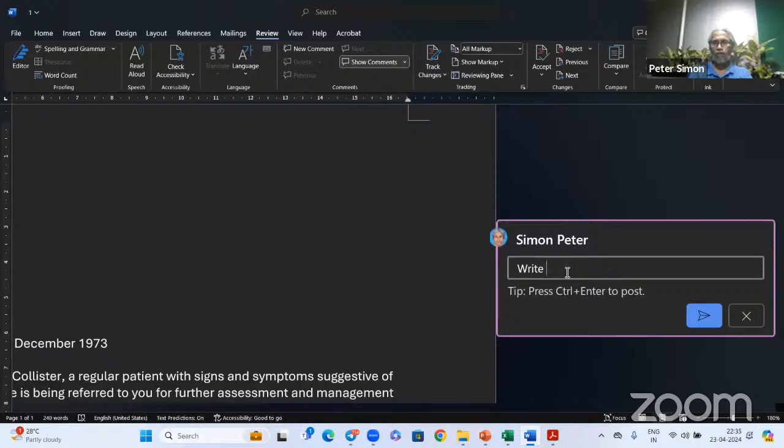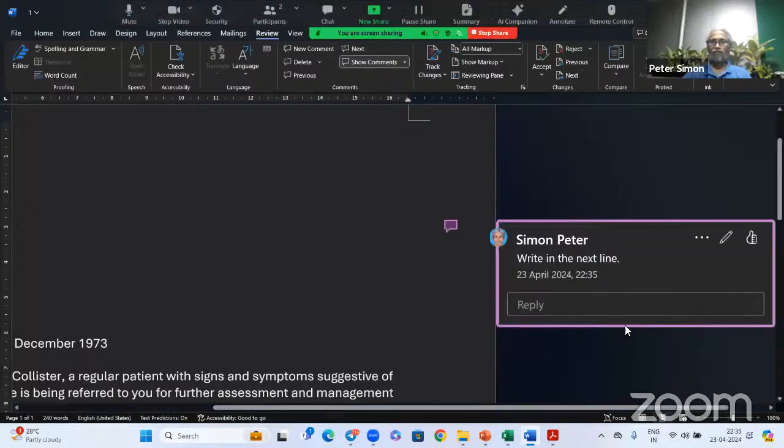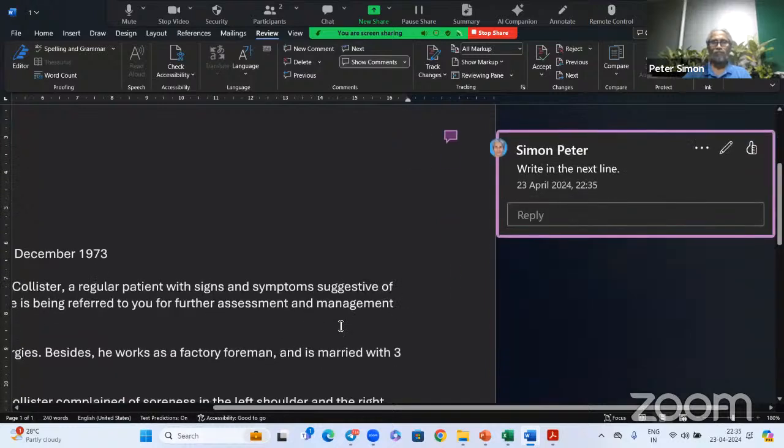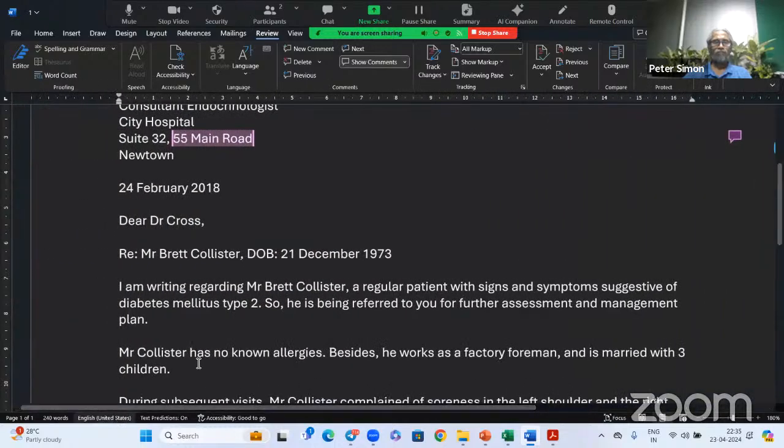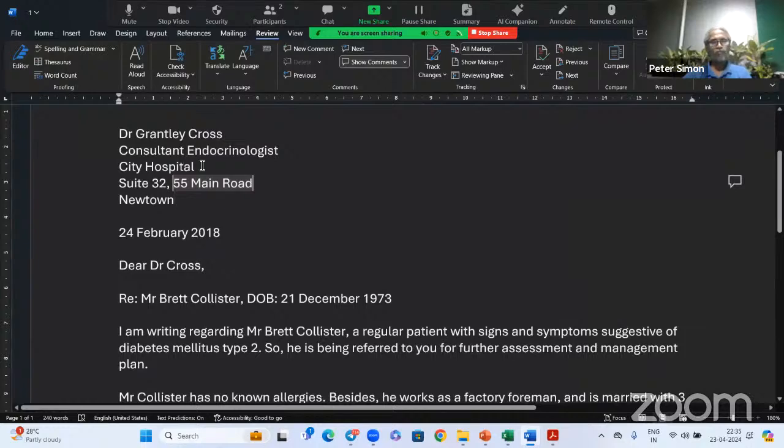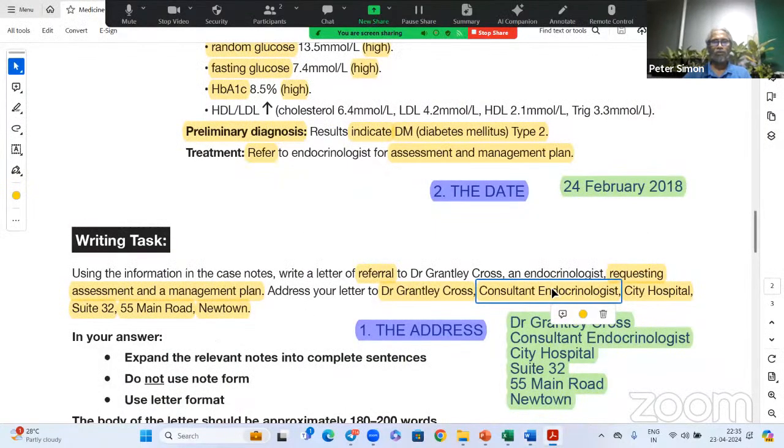Write in the next line. So, City Hospital, Suite 32, 55 Main Road, Newtown.